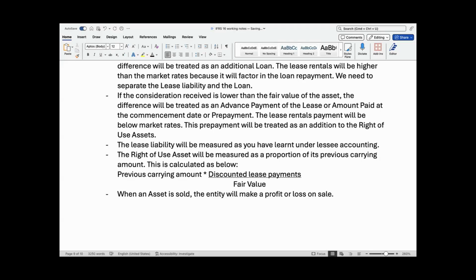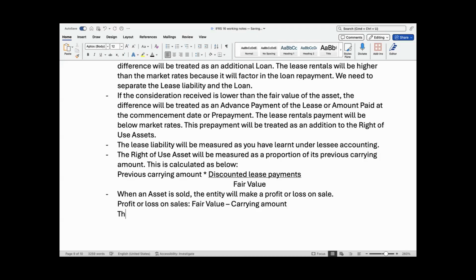The profit or loss on sale is calculated by comparing the fair value of the assets with the book value of the assets.